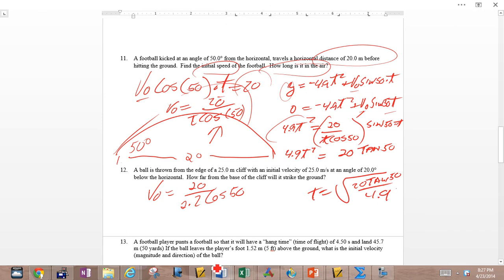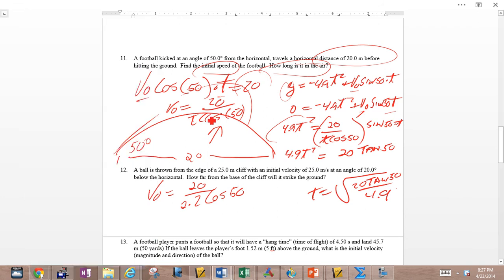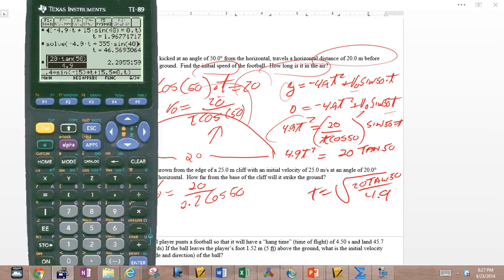I keyed that in, and it gives me 2.2 seconds. I can come back over here with this equation for v sub 0, plug in my 2.2 seconds, and out comes the velocity. The 2.2 seconds went in, and that gave me a velocity of 14.14 meters per second.